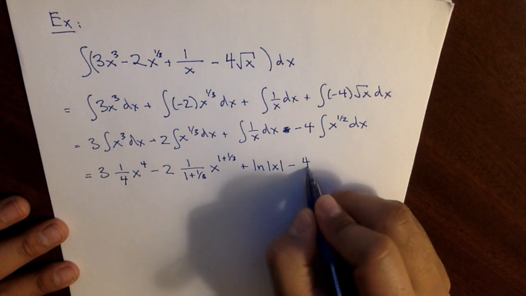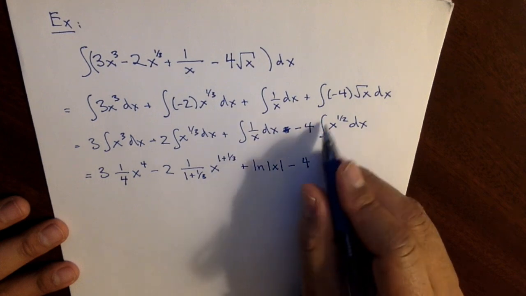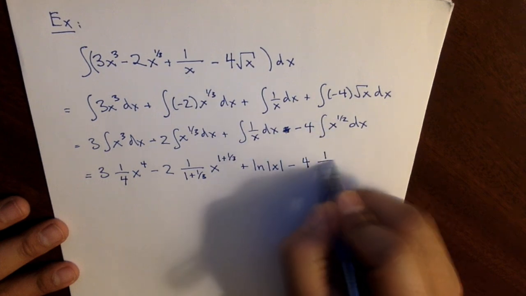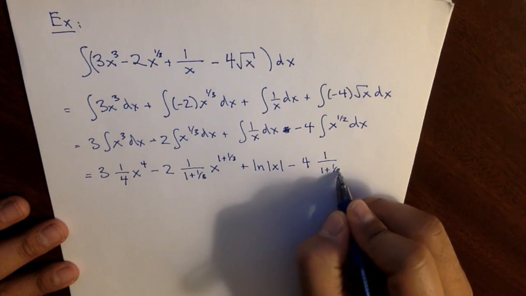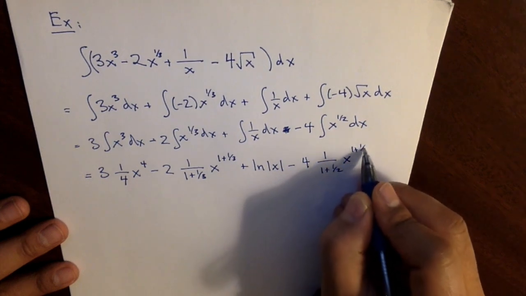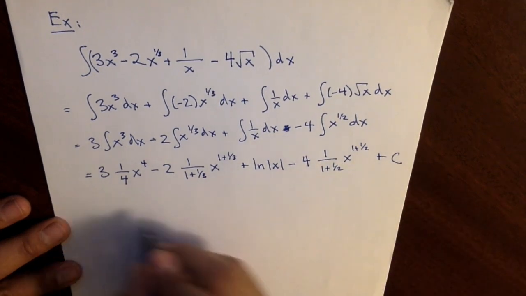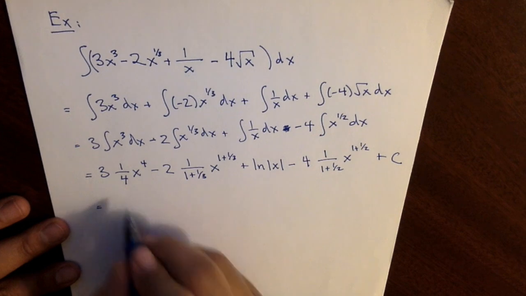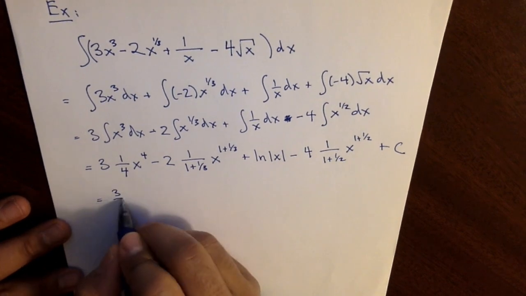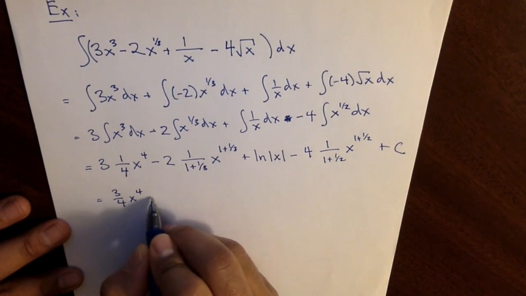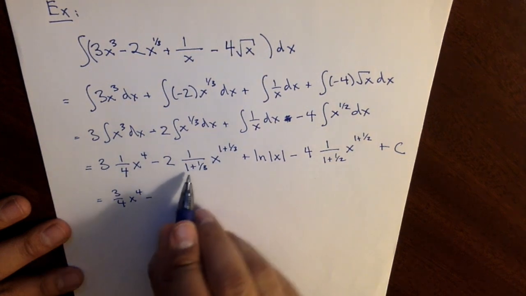Okay, now let's keep going. Minus 4 times an antiderivative for that, so I'm going to do 1 over 1 plus a half, x to the 1 plus a half. And then I have to do a general form, so plus c. We can simplify this a little bit. Why not? It's fun. 3/4 x to the 4th minus, and now this is 3/3 plus 1 is 4/3.